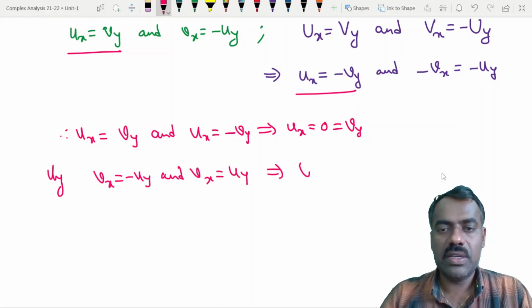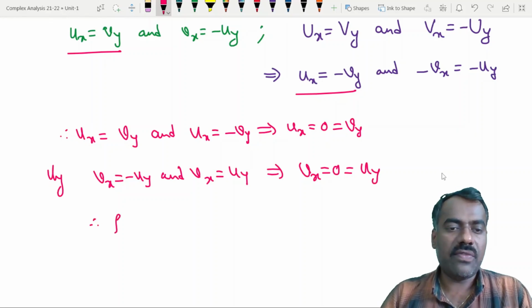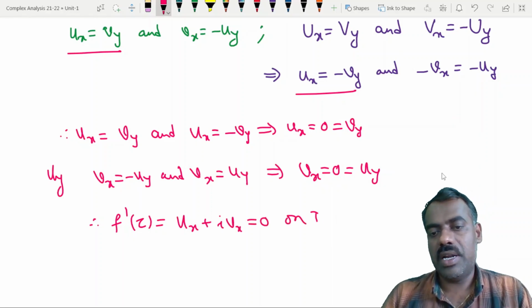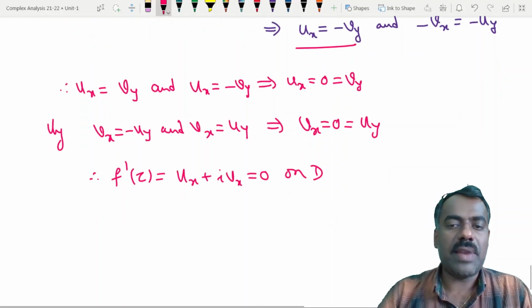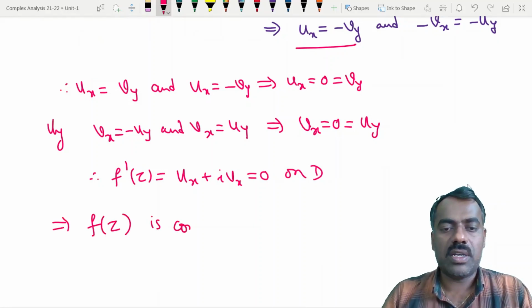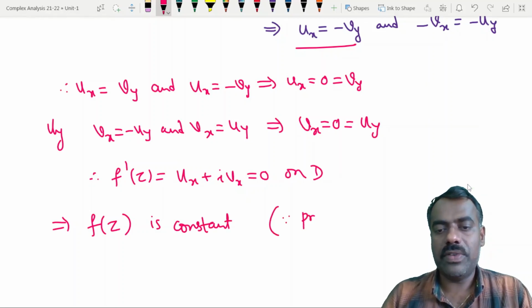This implies v_x is equal to 0, which is the same as u_y. So therefore f'(z), which is u_x plus i times v_x, is also 0 in D. This implies f of z is constant, and this follows from the previous theorem.